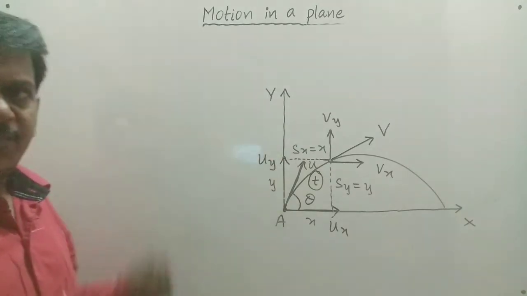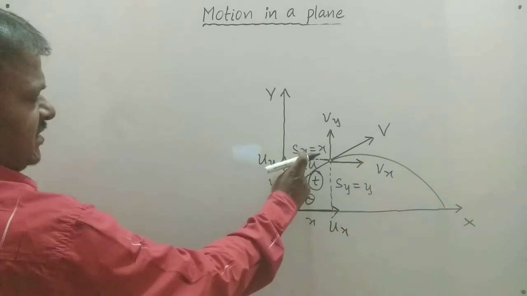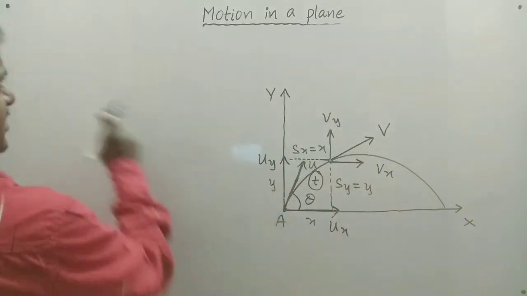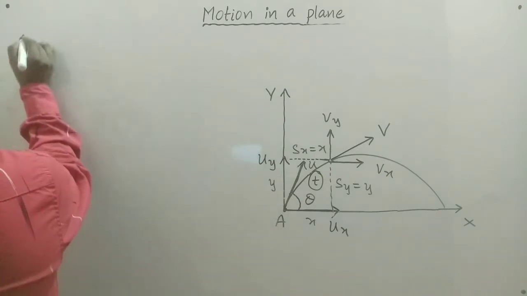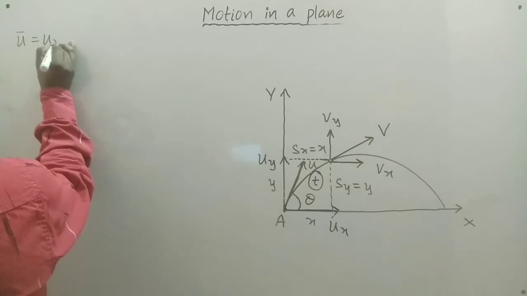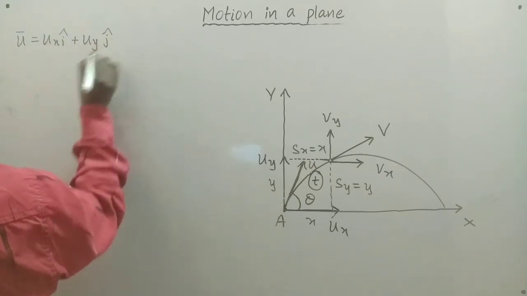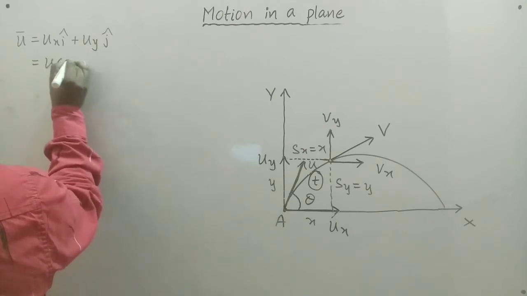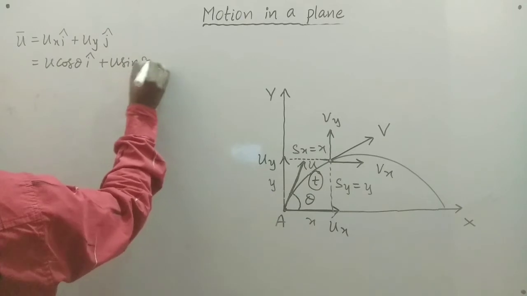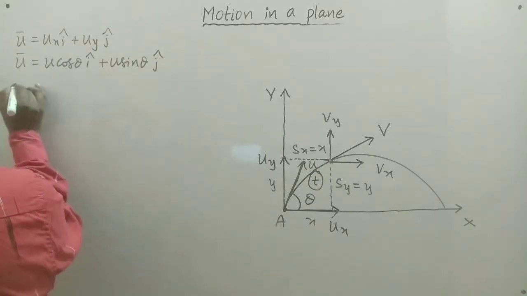See here, we have to find initial velocity, final velocity, displacement and acceleration in vector form. Right. First, initial velocity u bar is equal to ux i cap plus uy j cap. This is u cos theta i cap plus u sin theta j cap. Okay. Next, v bar.